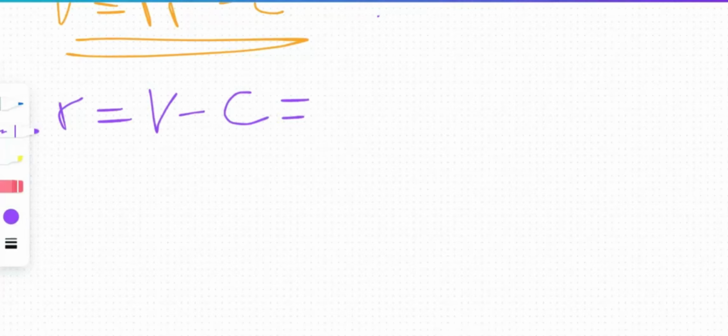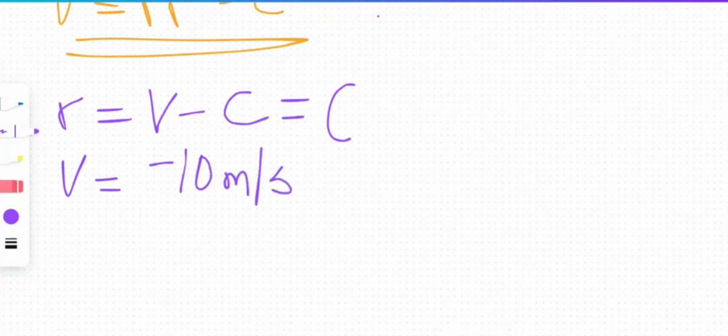So we have it in brackets. The v here is equal to 10 meters per second, and the c is equal to 5 meters per second. Since the c goes east, it's 5 meters per second i, and the other one goes north, 10 meters per second j.